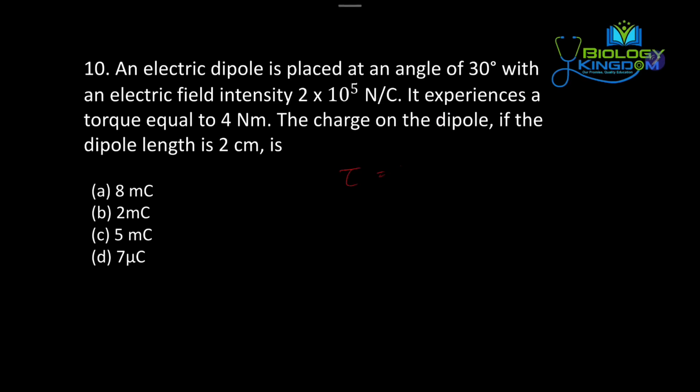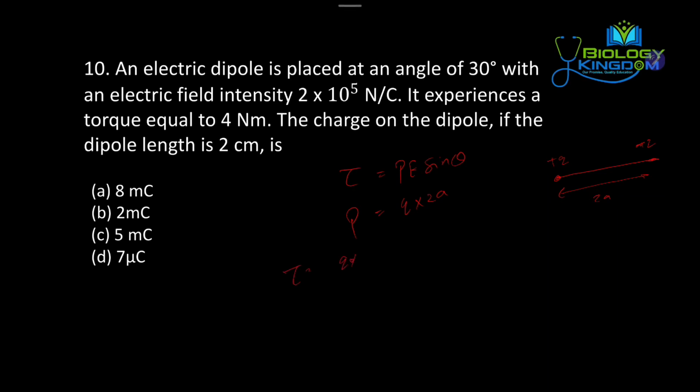For that we know that the formula of torque is pE sine theta, and the dipole moment is equal to charge into distance, that is 2a, the charge into the distance between the charges of a dipole. So if the dipole length is 2a, its dipole moment is like this.